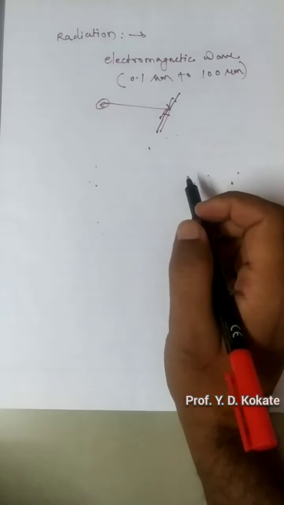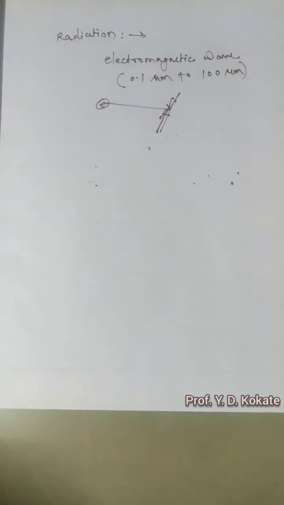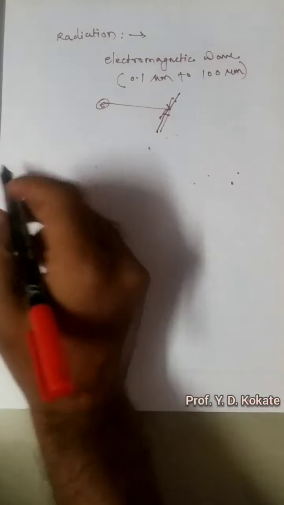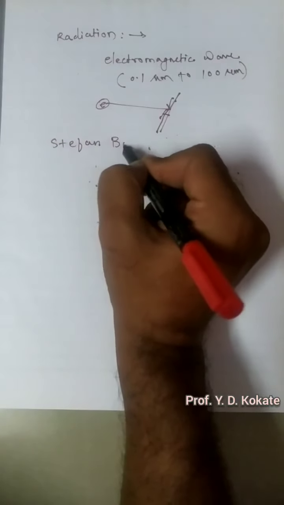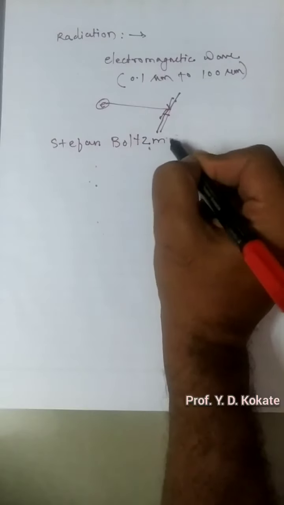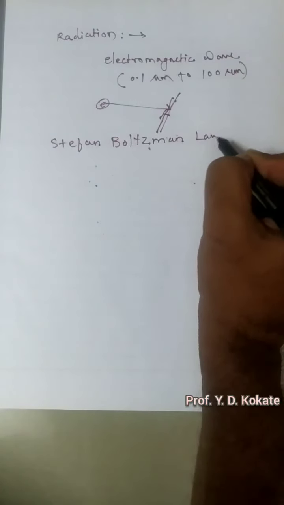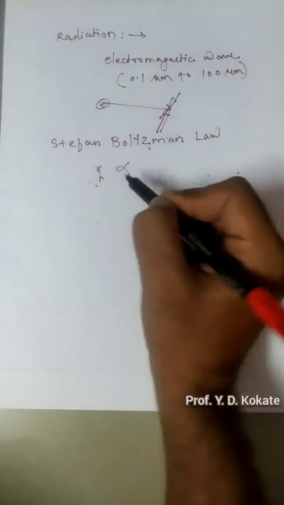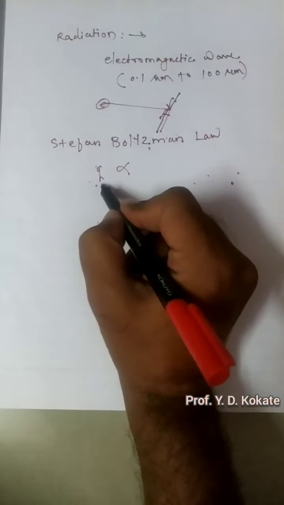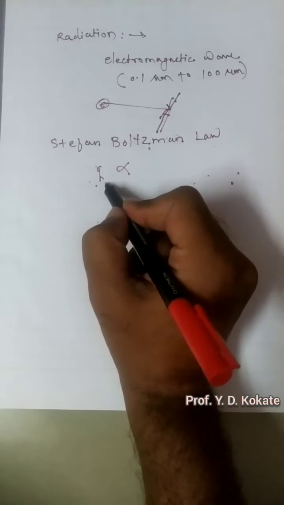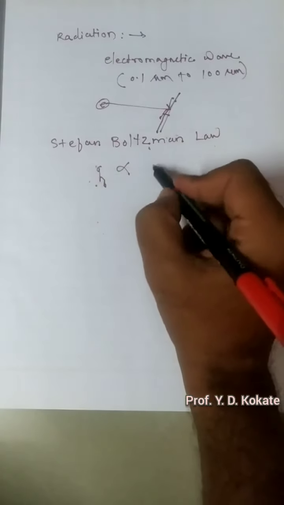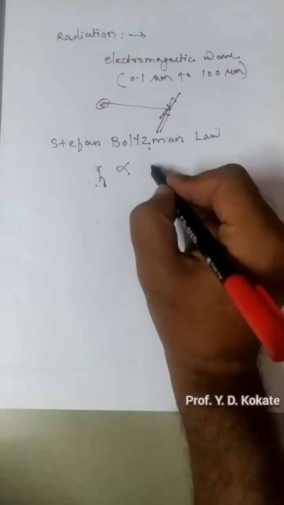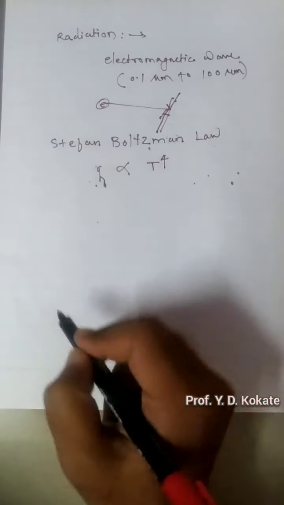This radiation is governed by a law known as the Stefan-Boltzmann law. According to the Stefan-Boltzmann law, the rate of heat transfer, or the emissive power of the black surface, which I write as EB over here, is directly proportional to the fourth power of its absolute temperature.